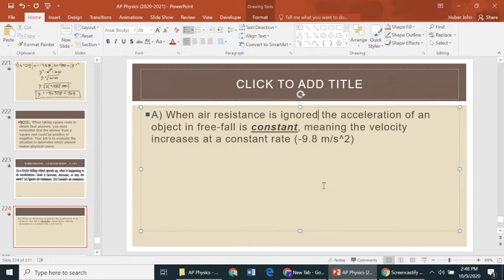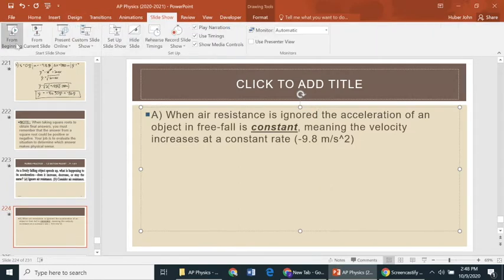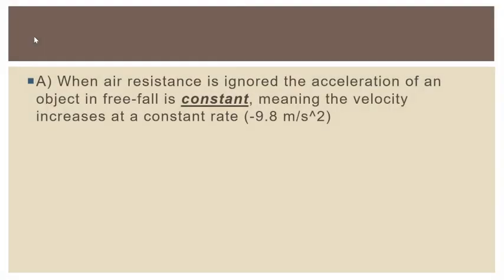But what about B? B says to consider air resistance. Well, this requires a little bit of understanding of forces, and we didn't really get to that, but we did talk about that in honors physics, and so I hope that this will make sense to you. When an object is in free fall, and the only force acting on it is gravity, it has one downward force acting on it, and that force, as we said, is gravity.